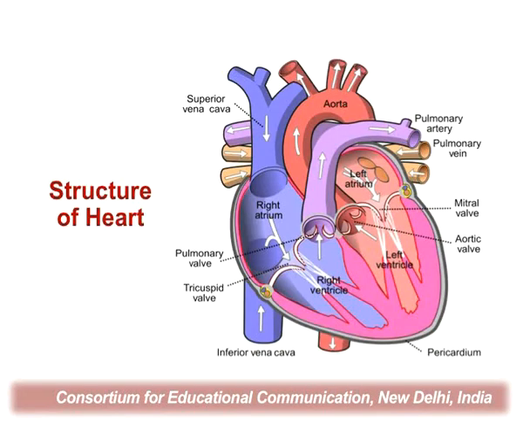There are two other valves also, which are the pulmonary valve and aortic valve, and their function we will study further. We can also see the superior vena cava above and the inferior vena cava below, and there is the biggest artery of the human body called the aorta. So this is the structure of the human heart.